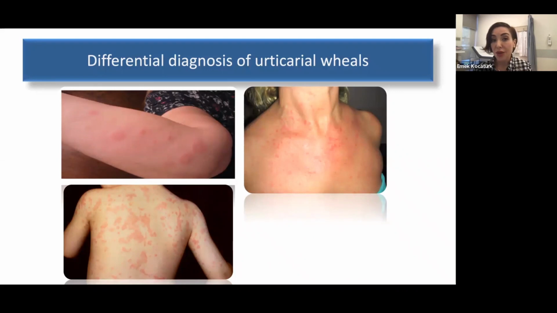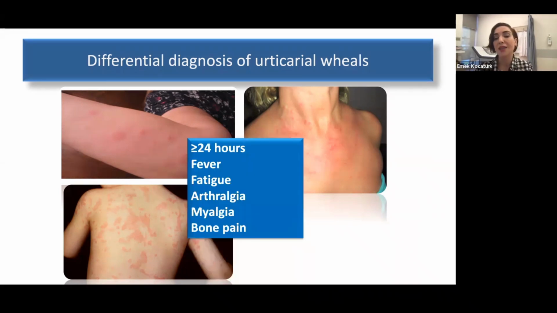The autoinflammatory syndromes are characterized by wheals lasting for usually 24 hours, but these lesions do not have itch, and the patients have accompanying features like fever, fatigue, arthralgia, myalgia, and bone pain.